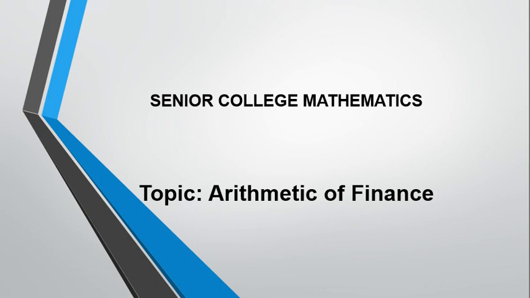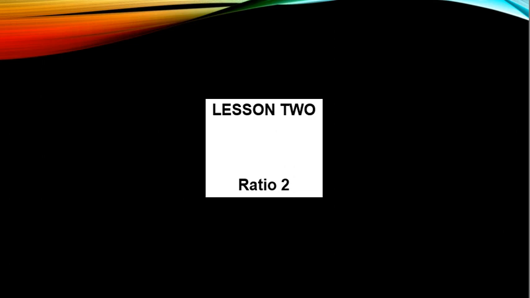In this series of teaching we want to talk about all you need to know about finance, that is money. Lesson 2 is ratio 2. This is the second lesson and is a continuation of lesson 1, that is ratio.